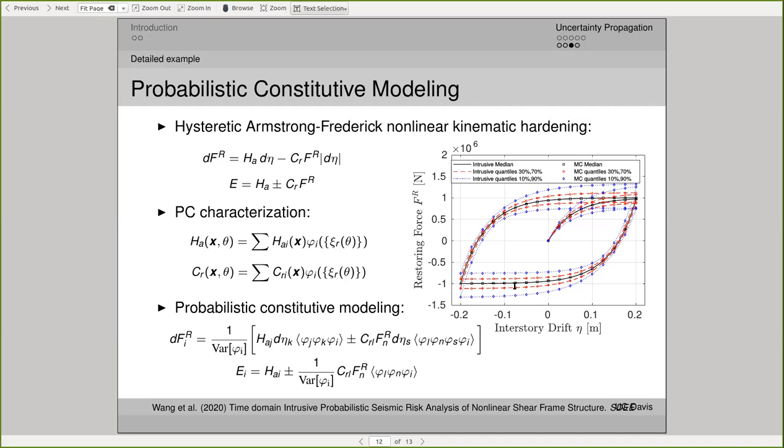With this equation, you can provide uncertainty of the initial stiffness, the HA, and the plateau, the horizontal asymptote, which is HA over CR. If you characterize those two as uncertain, as probabilistic parameters, which you can do from tests, by doing multiple tests on a material, you essentially end up with an equation like this.